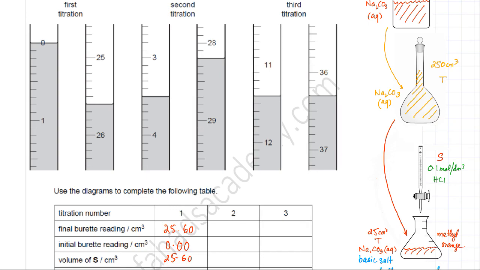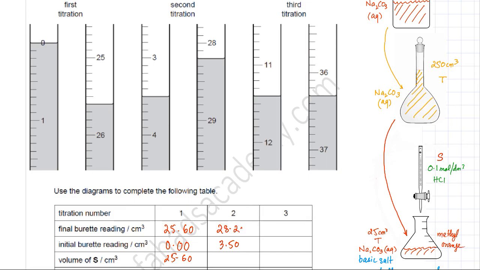25.60 cm cube. Moving to the second titration, the initial burette reading is 3.50 cm cube, and your final burette reading is 28.20 cm cube.